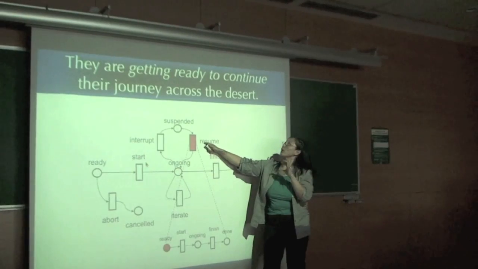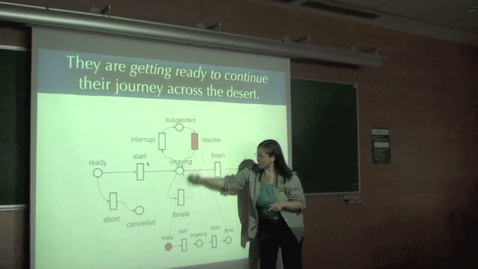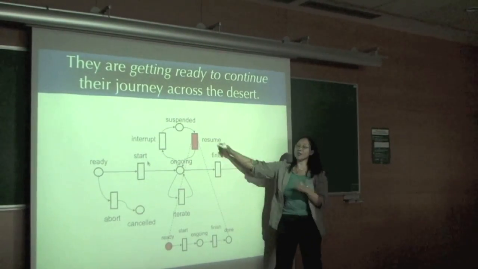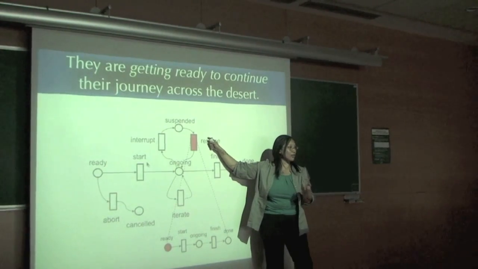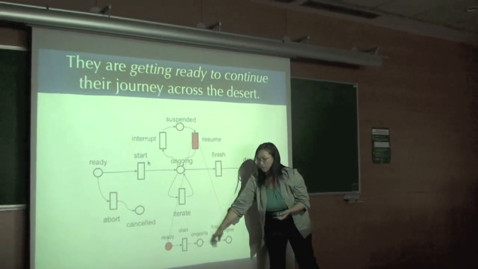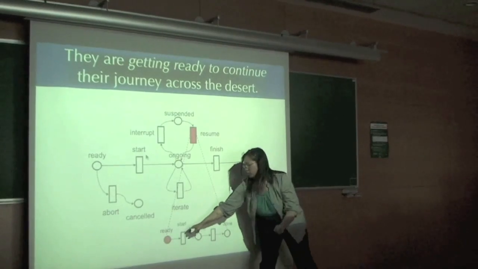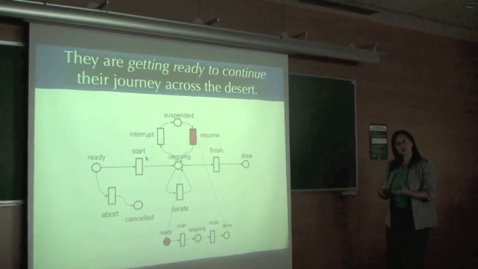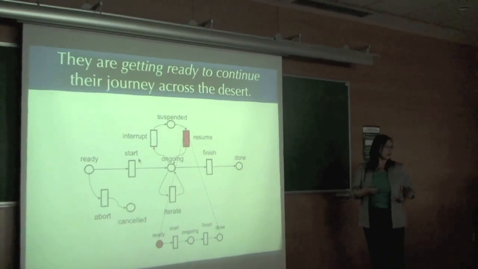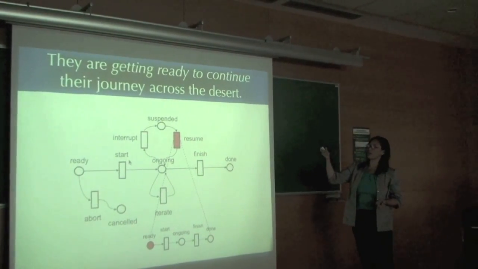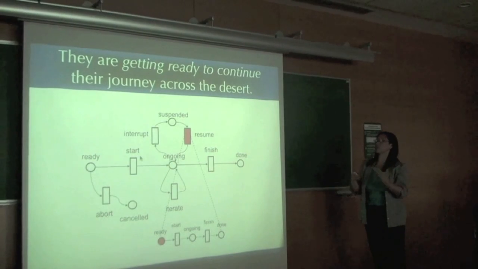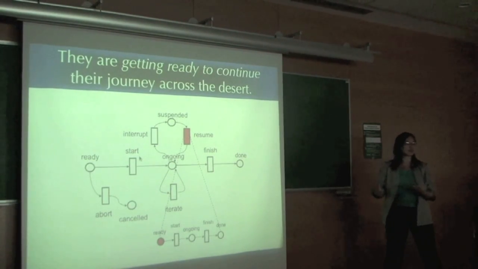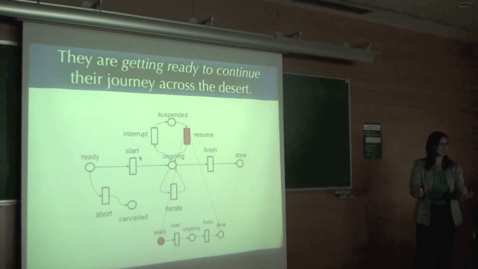So they want to continue, but they're getting ready to do this. So these dotted lines are like, oh, resuming is itself an action, right? It's something you can do, and it can have stages also. You can be ready to do it, or in the process of doing it, or finishing doing it. So you can see that if you start putting together these bits of action control, then you can get very complex situations in the same representation. Is that good?